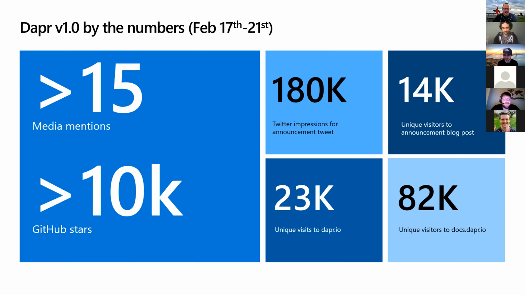That shows that a lot of people are checking out the repos and watching them, which is great. Our tweet announcement had 180,000 impressions. That's a ton for us, at least for the Dapper handle. Just to compare, the RC3 release was around 15,000. Tons of visitors to the blog, to the website, and to docs. These are just amazing numbers that show that we really got a lot of attention with this release.